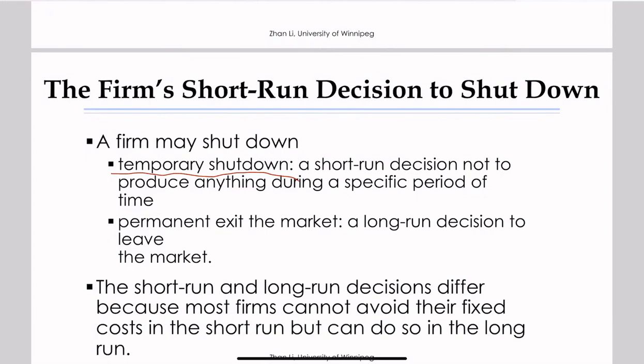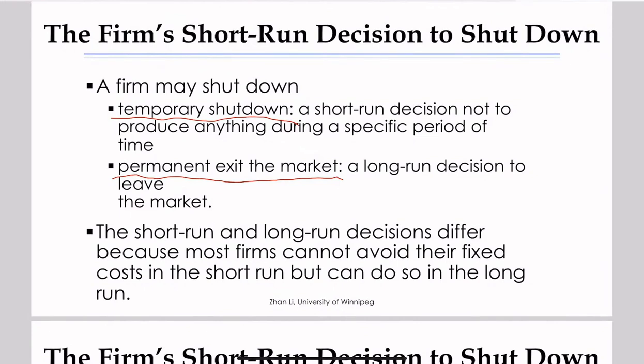That is, the firm will shut down in the short run, and in the future, if the market becomes better, the firm could reopen. And then the second case is exit. In this case, the firm decides to exit the market. This is a long-run decision. It means that the firm will leave the market forever.